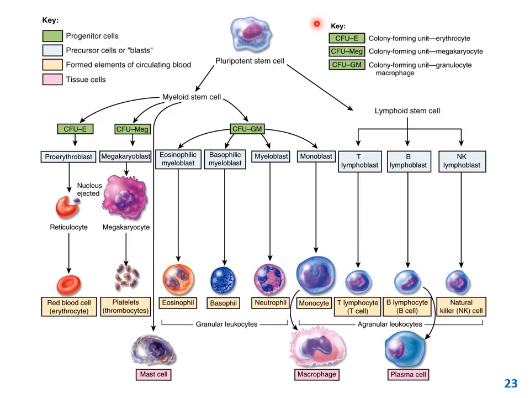Well, it's going to get signals from the environment. It is going to get certain types of stimulating signals that are going to bind to receptors on this pluripotent cell and activate certain genes to tell the cell to differentiate one way or another. We're not going to go into these details for now.